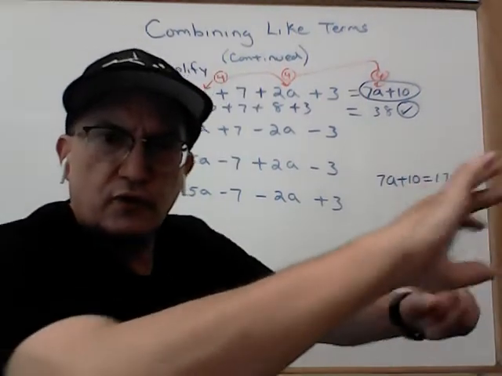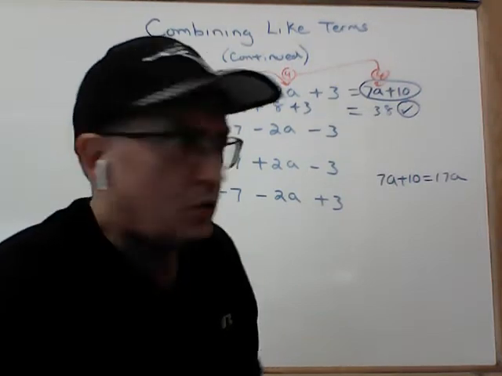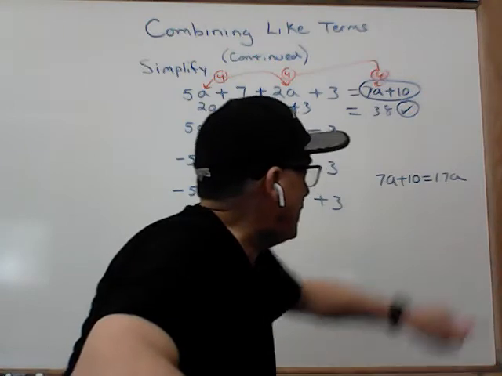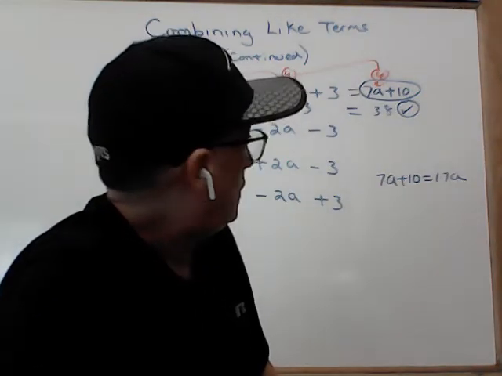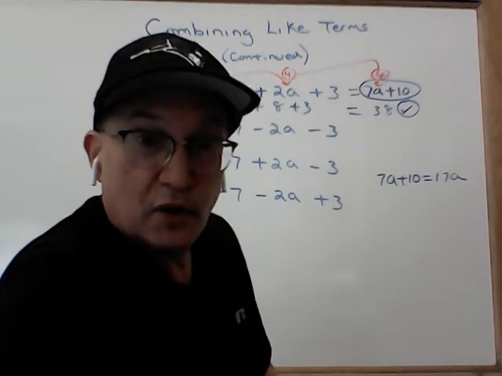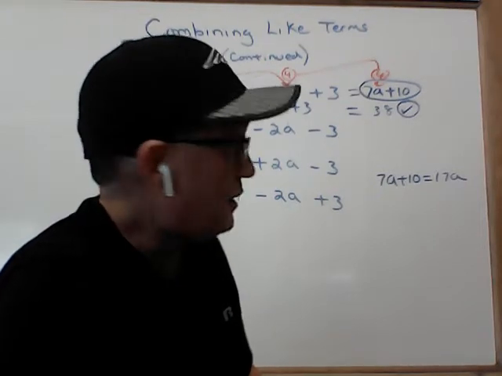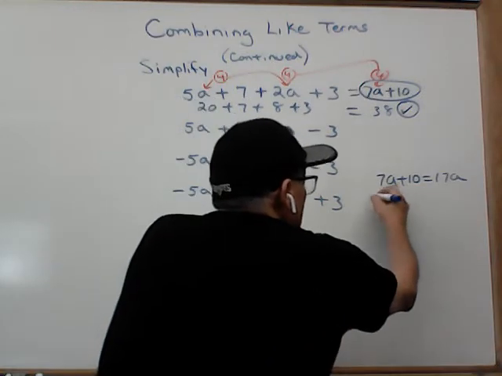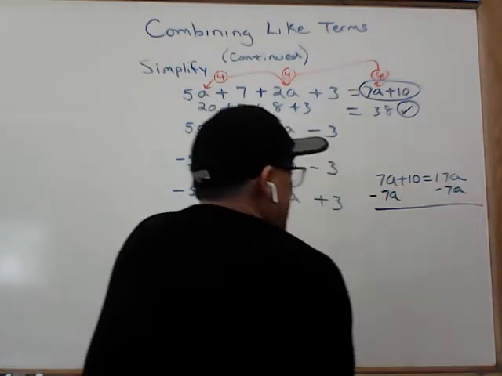This is a totally different situation now. Totally different thing you're being asked to do. You're being asked to find the number you can put where this a is and that a is to get a true statement. It's pretty easy, isn't it, to figure out what that a has to be? It's 1, right? And if you couldn't immediately see that, your training has taught you that you would subtract 7a from each side.